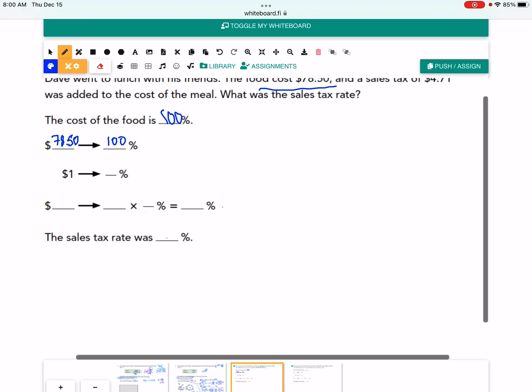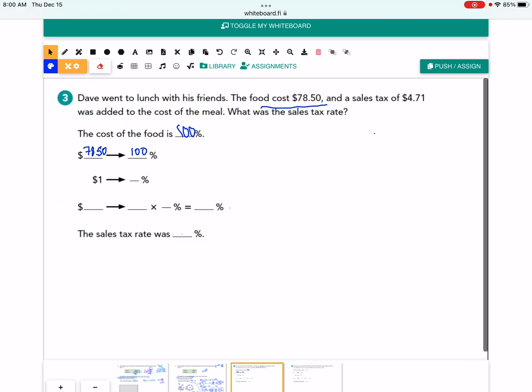Now you see that you are being asked to figure out what percent $1 is, right? We're going to solve it this way first, and then we're going to use one of the other ways that I just taught you. So $1 is going to be 100% divided by $78.50.